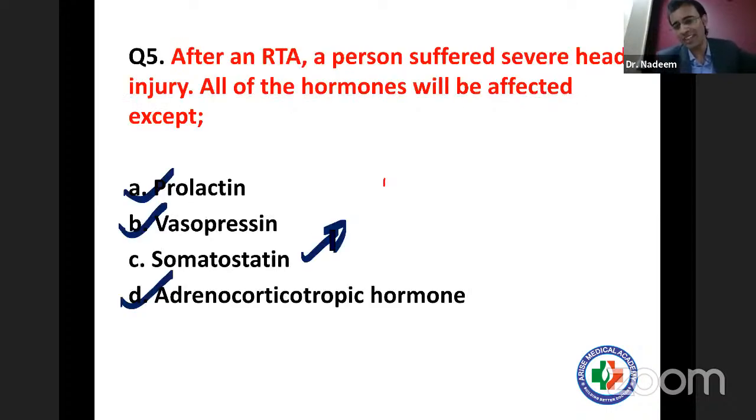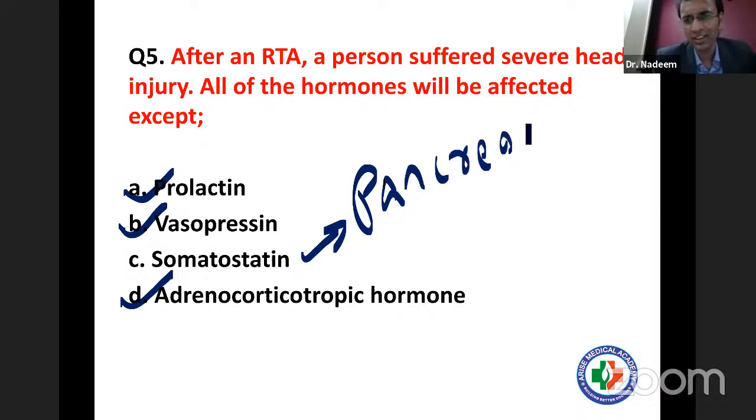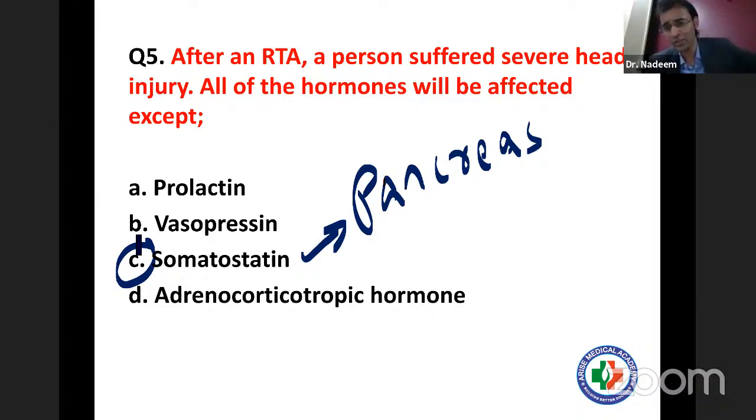This kind of question was asked earlier actually. In that question, the option was insulin. So please understand, somatostatin is secreted by the pancreas, the D cells of the pancreas. Answer is C here, right? Fine, easy to understand.